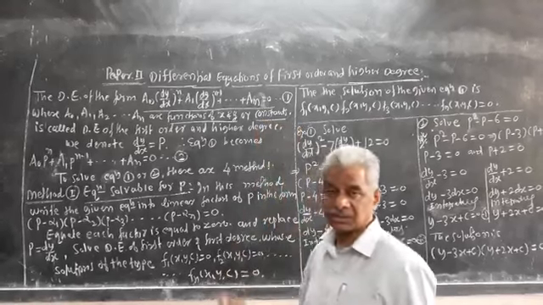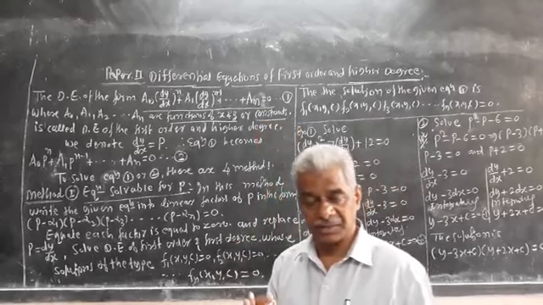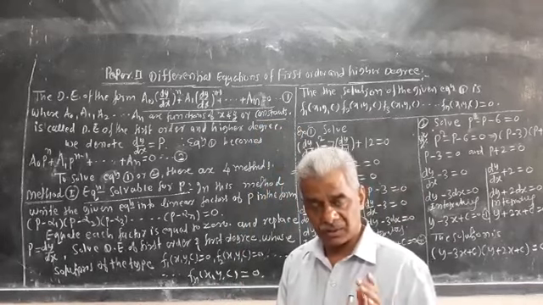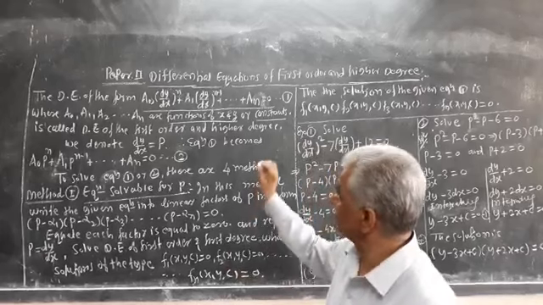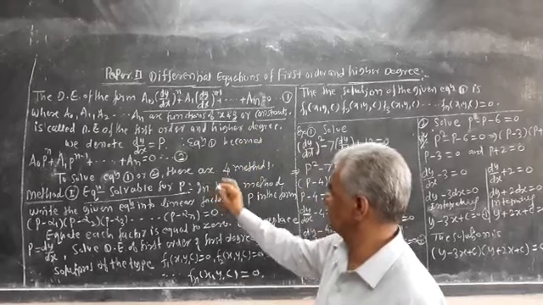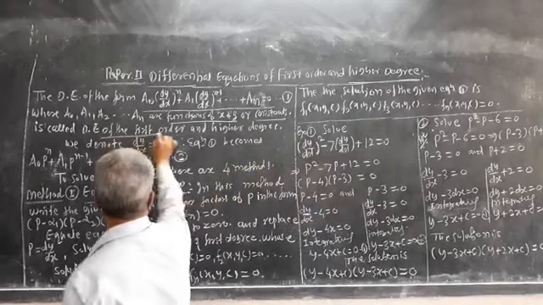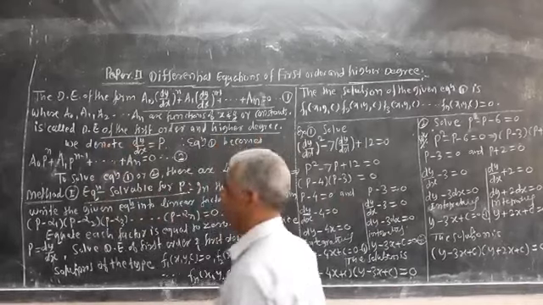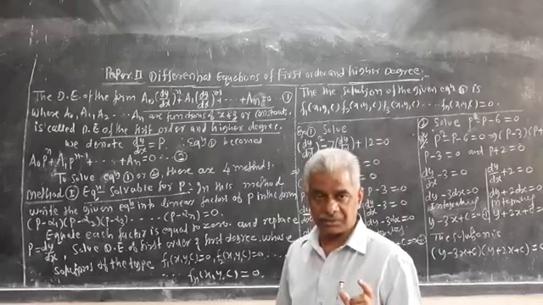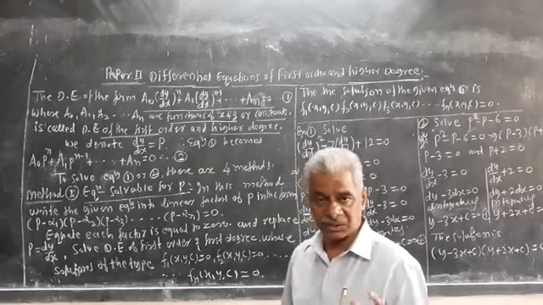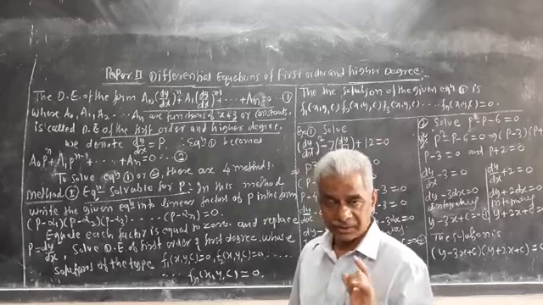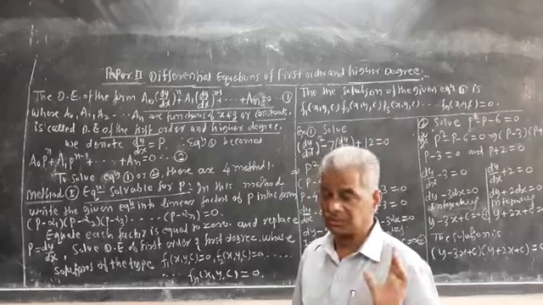In that equation, the coefficients of the dy by dx terms are either functions of x and y or constants. Such a differential equation is called a differential equation of first order with higher degree. That is, the power of dy by dx is greater than 1. At that time, it is considered a higher degree differential equation.